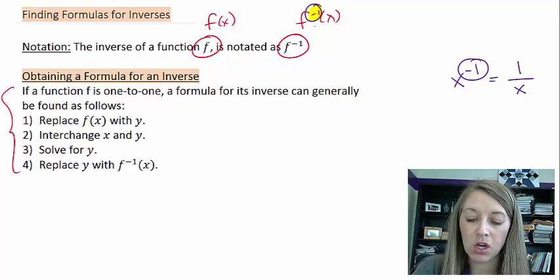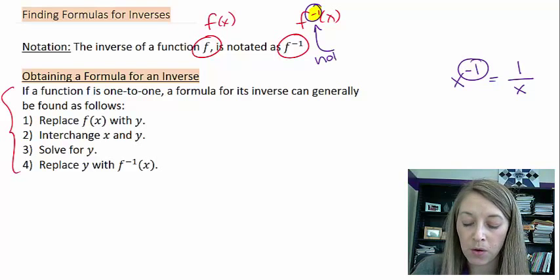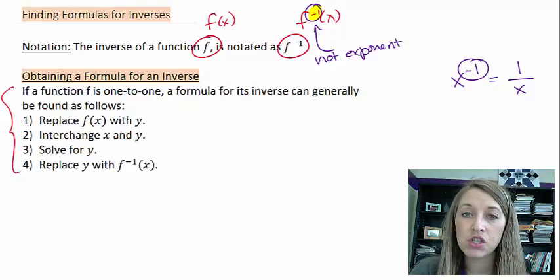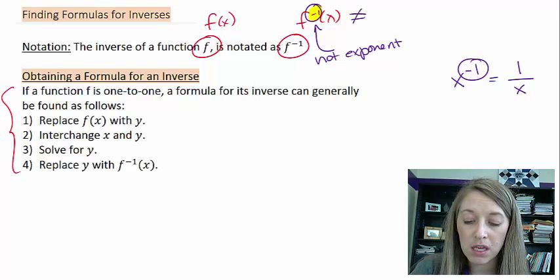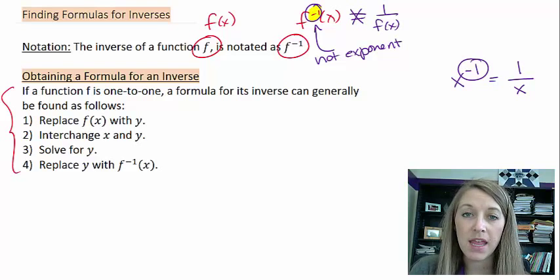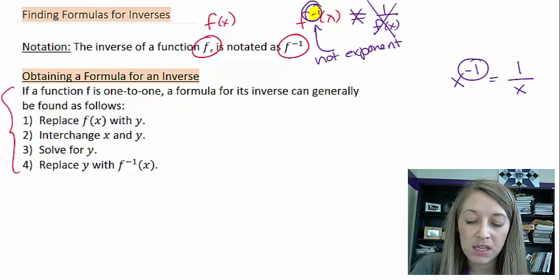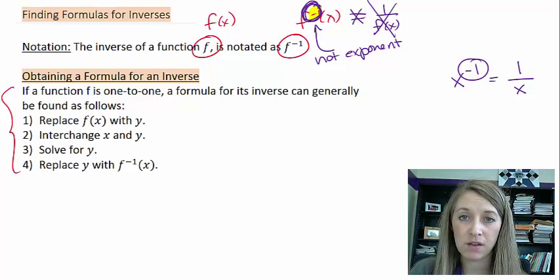This negative 1 here is not an exponent, even though that's the way it's written, even though that's what it looks like. It is just a notation. It's the way to write f inverse of x. So don't think that this is the same thing as 1 over f of x. That is not the same thing. What this is, is the inverse function, f inverse of x.